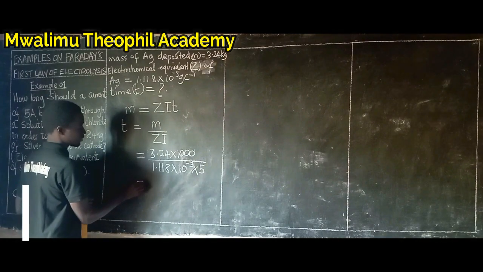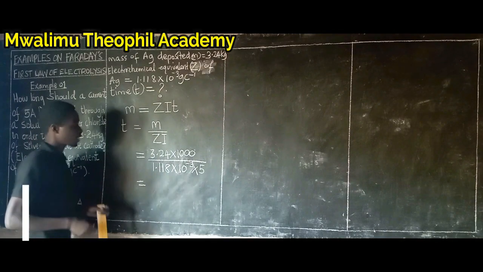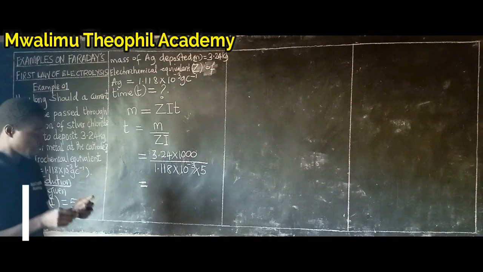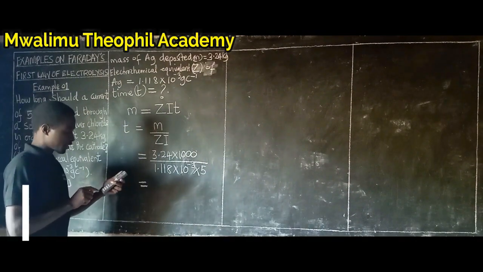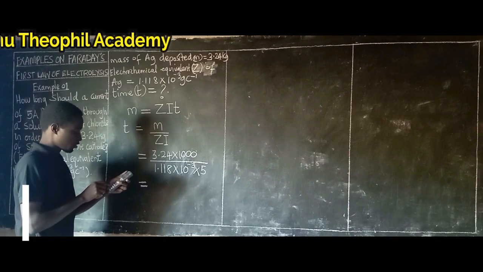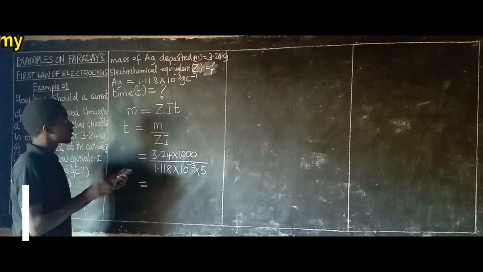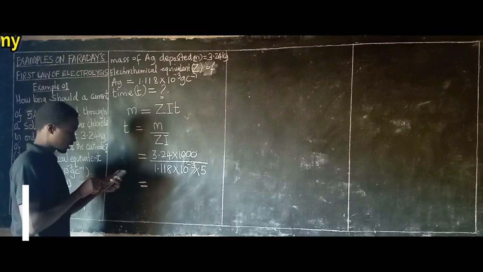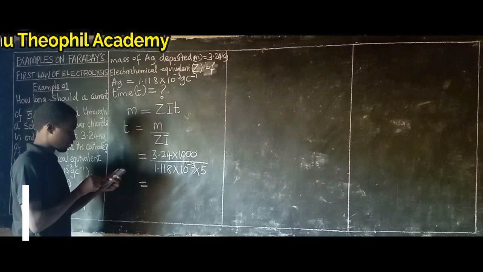Now, let us use a calculator to compute this mathematical term. We have 3.24 times 1000 over 1.118 times 10 raised to negative 3 times 5.